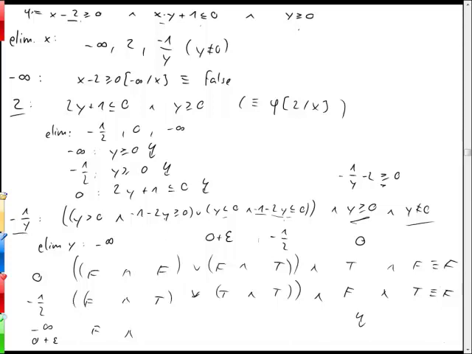If you put 0 inside for y, you would get here minus 1 plus, minus, because here's minus, some infinitesimal. So minus 1 and a bit less is not greater or equal to 0, of course. So we have here two false.